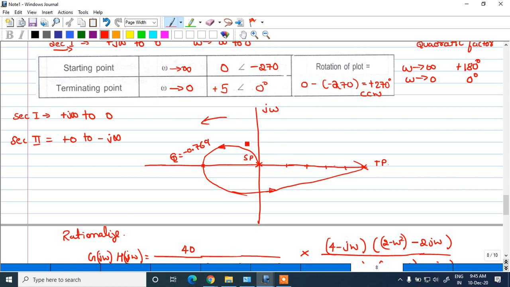Okay, and for my better drawing, I will start from here. So mirror image, so let me erase this.